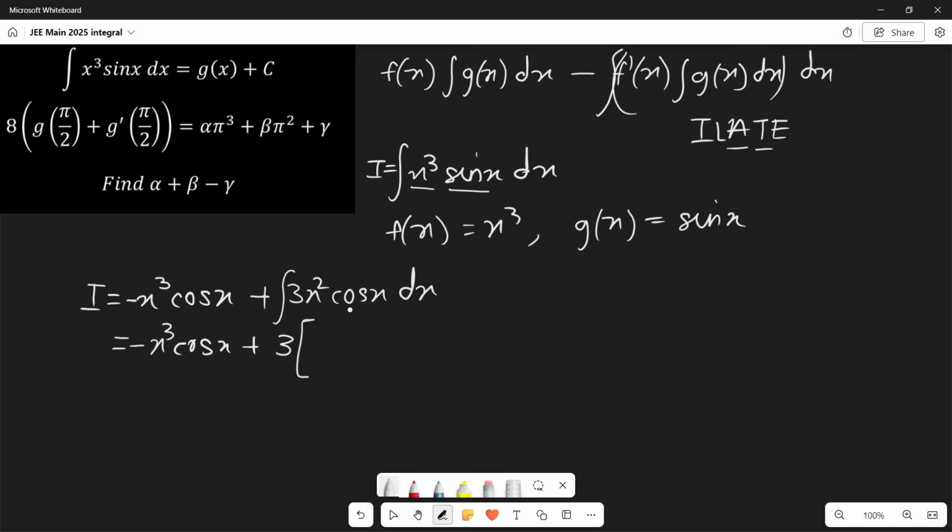x squared is the first function, cos x is the second. So first function into integration of the second, minus derivative of the first into integration of the second, whole integration again.